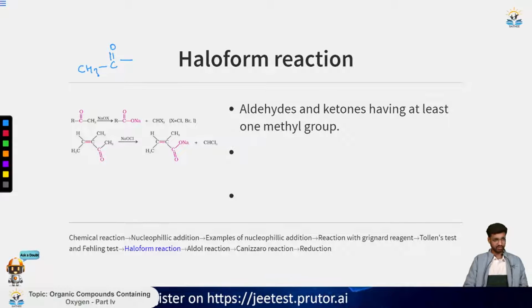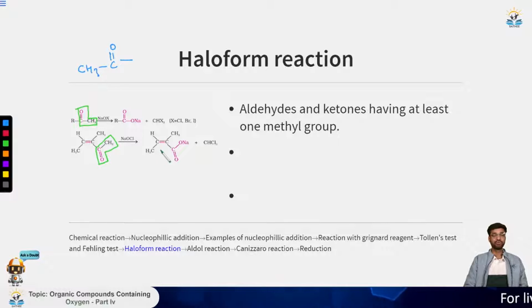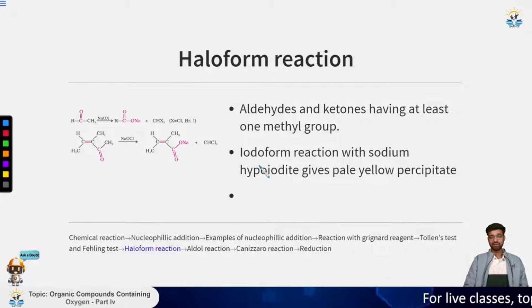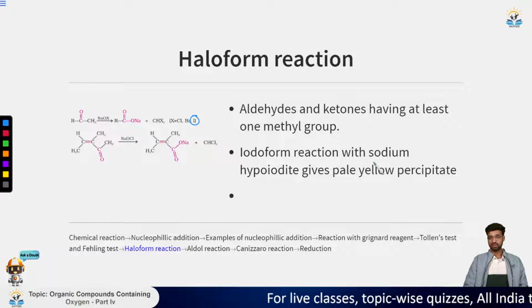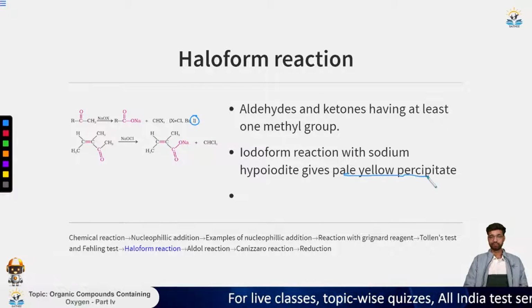If you see in both of these reactions, you have this group here also. So this is the most important criterion for the haloform reaction to take place. Now next, the iodoform reaction. If we use iodine in place of the halogen, then you will get a pale yellow precipitate.